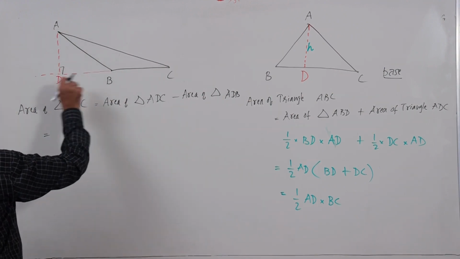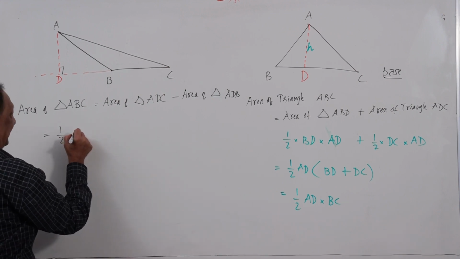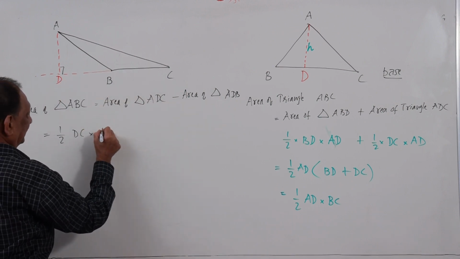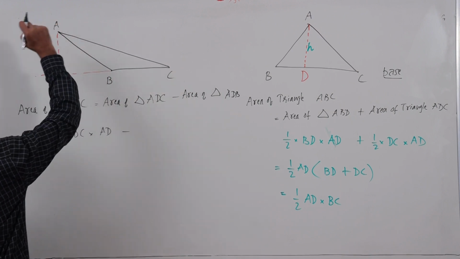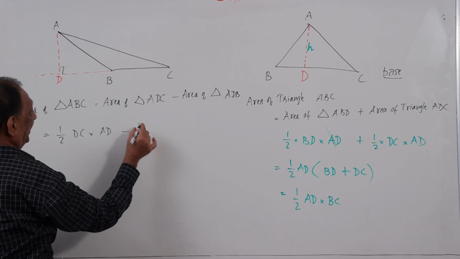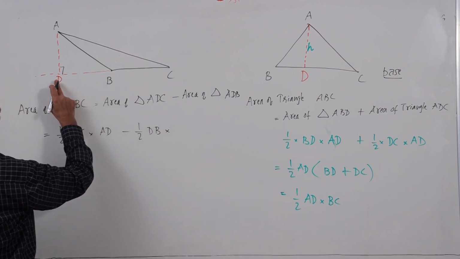So now we'll write down, what is this? Area of triangle ADC is half DC multiplied by AD, correct? Half base and height, minus area of triangle ADB is half multiplied by DB multiplied by AD.